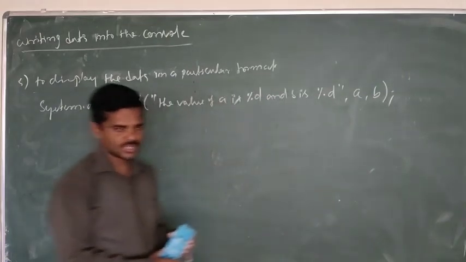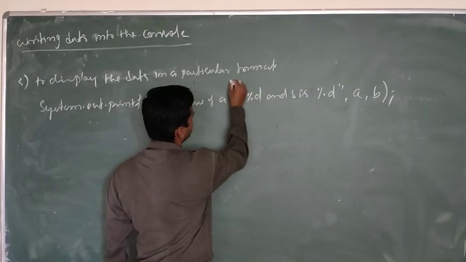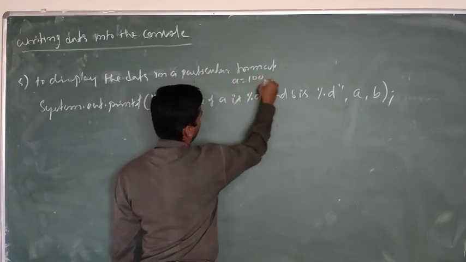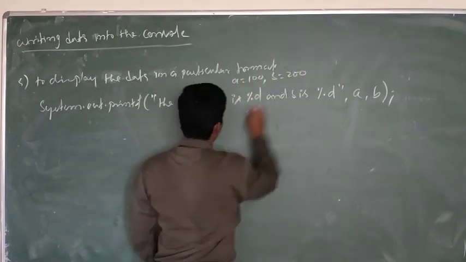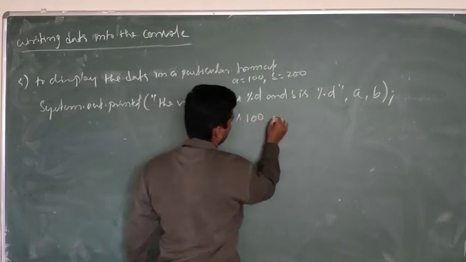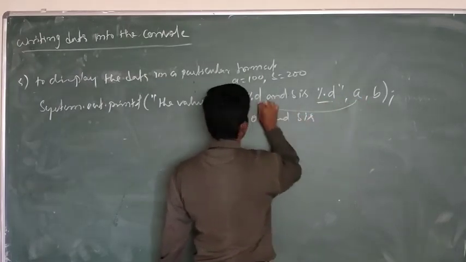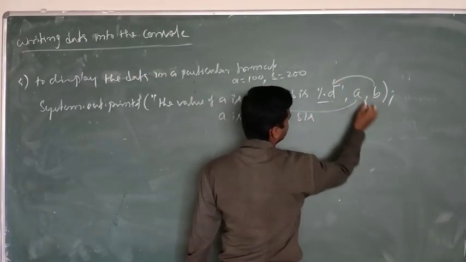You know this already from the C language. So, for example, a will be 100 and b will be 200, so the value of a is 100 and b is 200. The value of a will be displayed here, and the value of b will be displayed here.